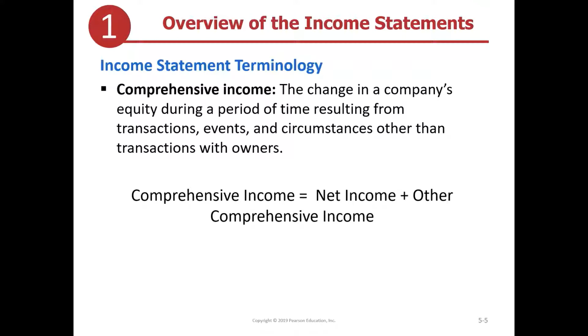For example, comprehensive income does not include new issues of shares or dividends distributions. Comprehensive income is composed of 2 parts. You have your net income and other comprehensive income. So comprehensive income is equal to net income plus other comprehensive income.